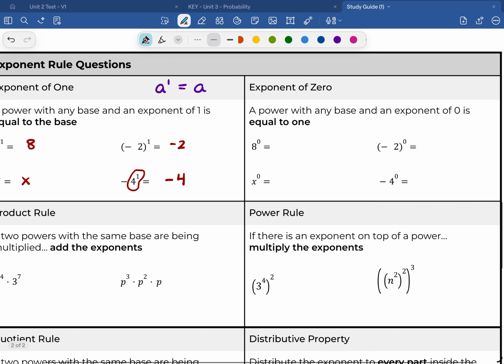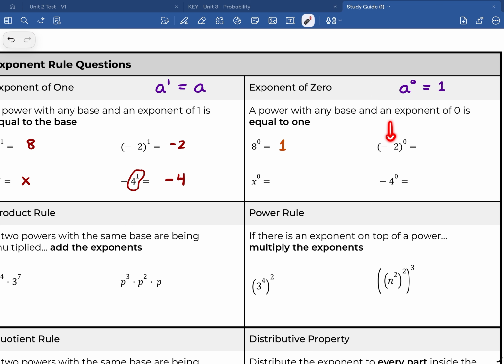If we have an exponent of 0, our rule for this one, a to the power of 0 is 1. So a power with any base and an exponent of 0 is equal to 1. Again, we'll have to be careful with negatives, but that means 8 to the power of 0 is 1. -2 to the power of 0.